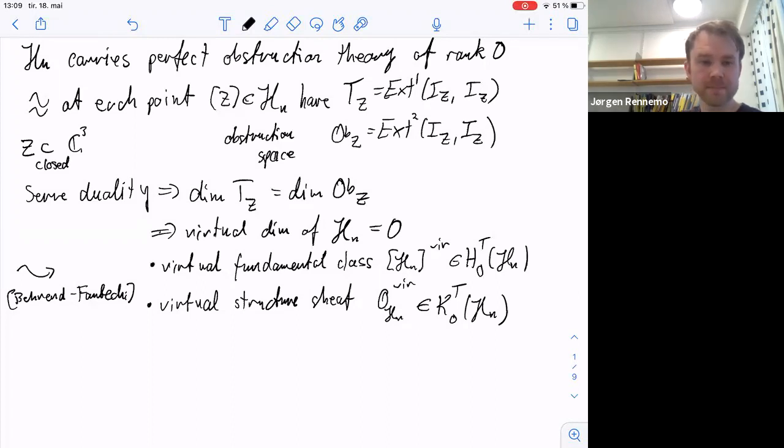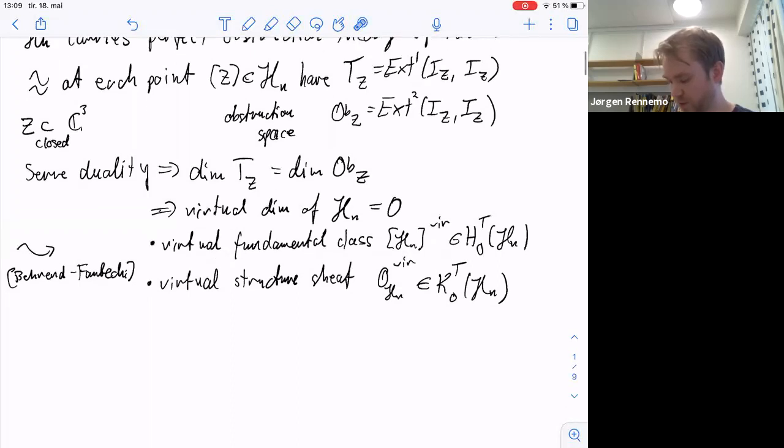So now, to define Donaldson-Thomas invariants, once you have a virtual fundamental class, more generally in enumerative geometry, you might want to integrate that, take its degree in an appropriate sense to produce invariants. If you do that to the virtual fundamental class, you get the most classical notion of Donaldson-Thomas invariants.